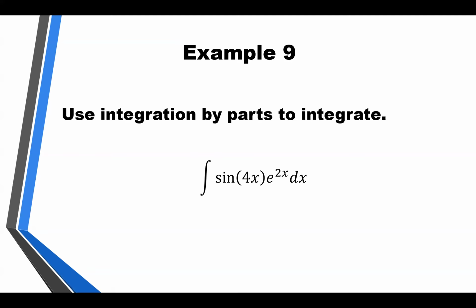This is another setup where integration by parts works nicely. But it's kind of what I'll call a clever integration by parts. We have to think through how we want to do it. So we want to integrate sine of 4x times e to the 2x with respect to x.